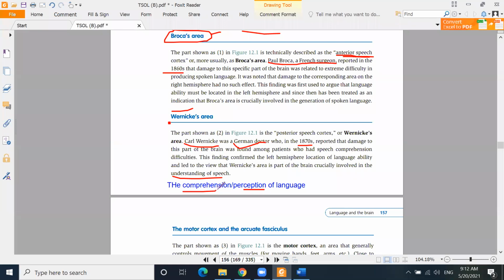So Wernicke reached the conclusion that this part of the brain, known as Wernicke's area, is responsible for the comprehension, understanding, and perception of language, right?